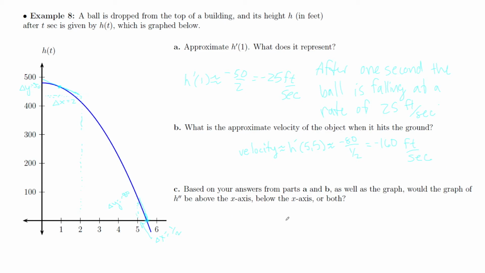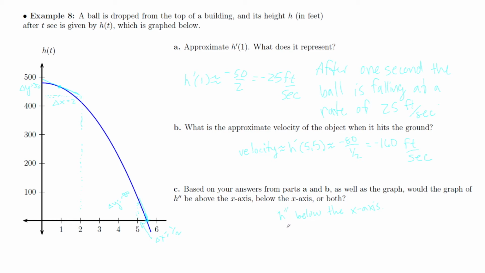I encourage you to pause right now and actually think about this one before I give the answer. All right, so I'm assuming you've paused and thought about it deeply. But hopefully you came up with that h double prime is below the x-axis. Because let's think about what's happening here.